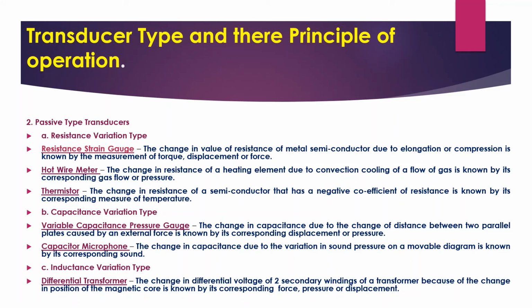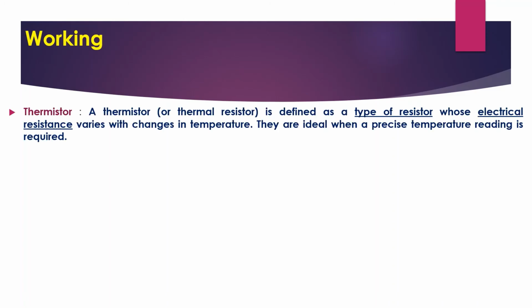Let us now try to understand the working of them one by one. In that, first we will try to understand the thermistor. A thermistor is defined as a type of resistor whose electrical resistance varies with change in temperature. They are ideal when precise temperature reading is required.